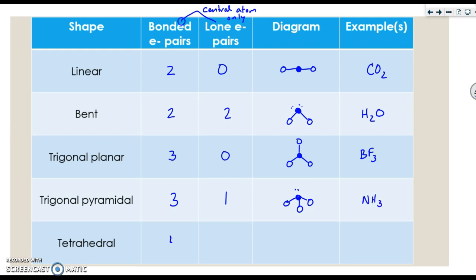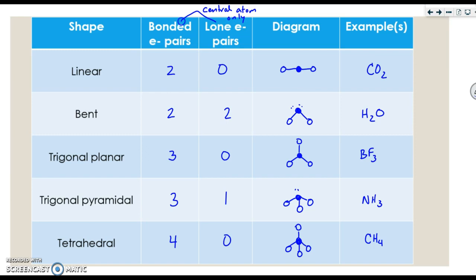And finally, tetrahedral, where there are four things bonded and no lone pairs. It's going to be a tripod again, but now this tripod has a top. And CH4 is a great example here. Okay. You will want to memorize these different shapes because you will be expected to be able to label things based on these shapes.